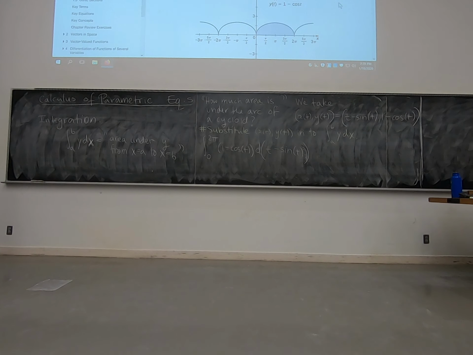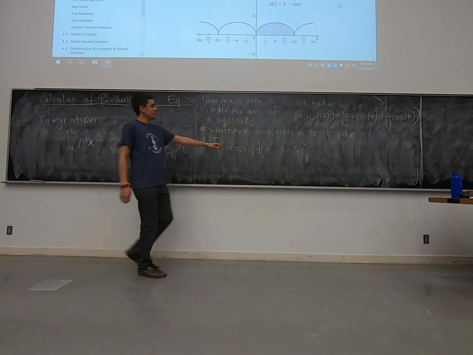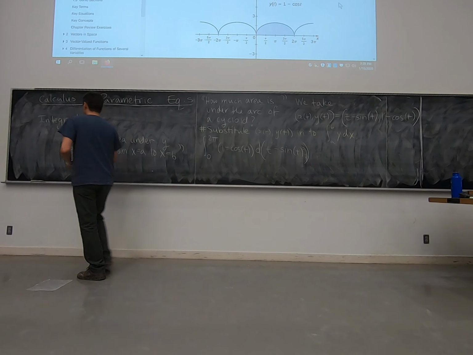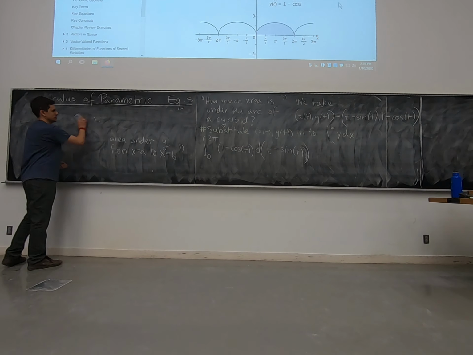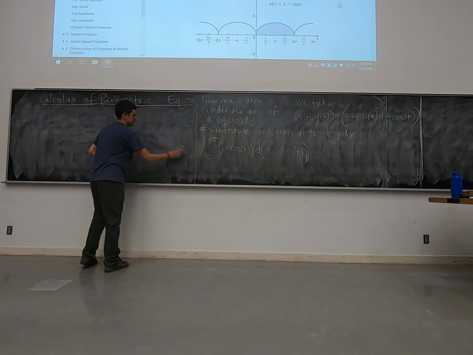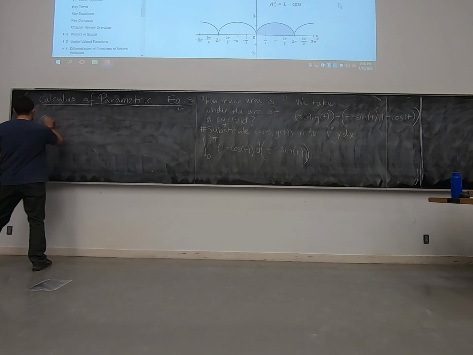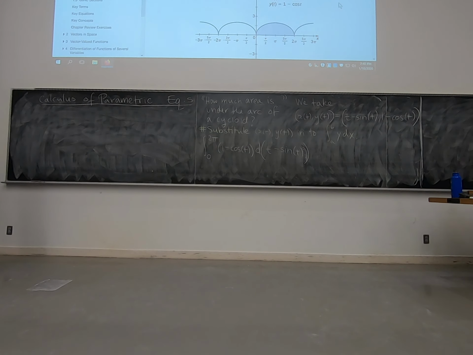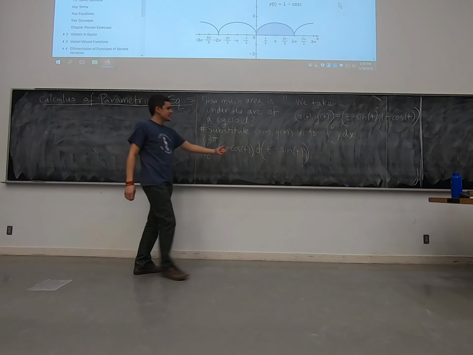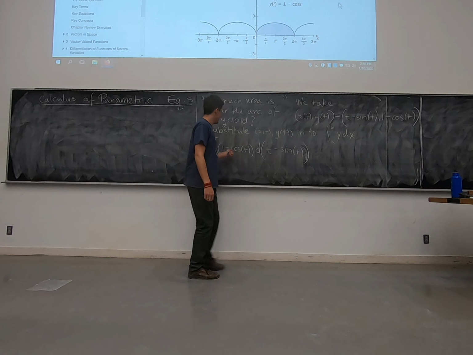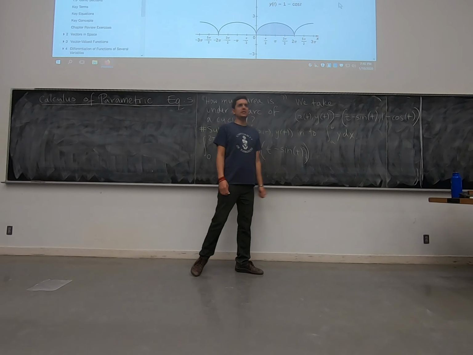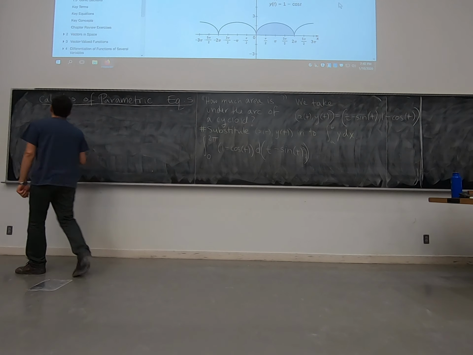So what do we have to do to make sense of this expression? Well, what we want is we want to get something dt at the end. Right? Our goal would be to have integral, integral, integral dt. And then we could know what to do.